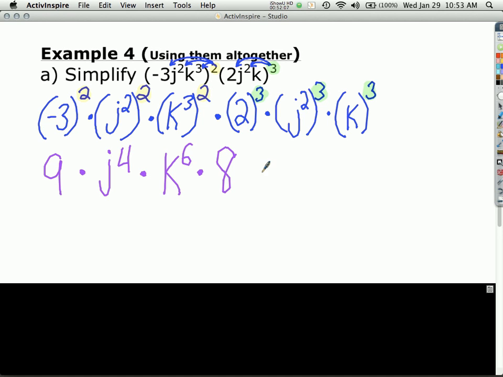And then what about j to the second to the third? What does that become? Sharik? J to the sixth. And what about k to the third? That's just k to the third. Does anyone have any questions on how we got from here to here?